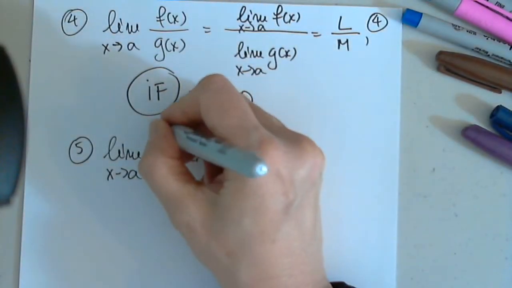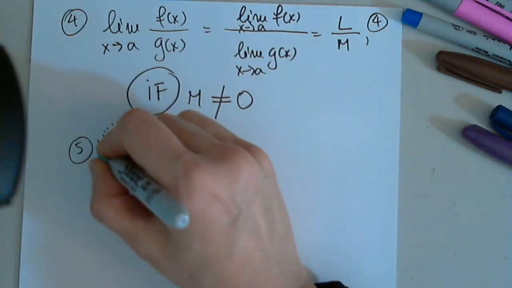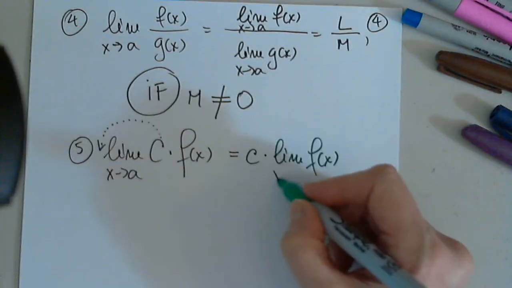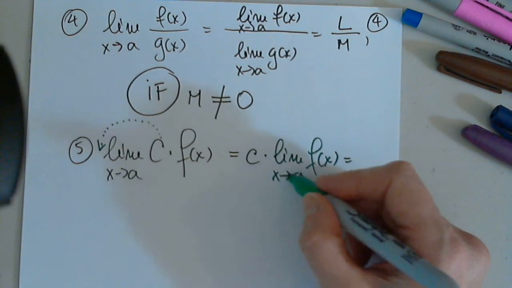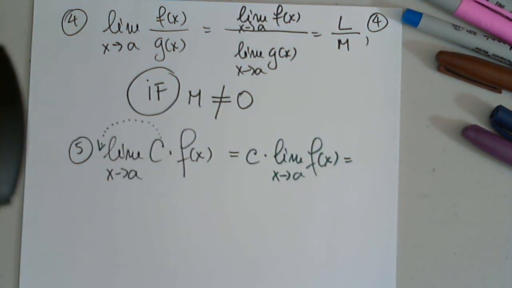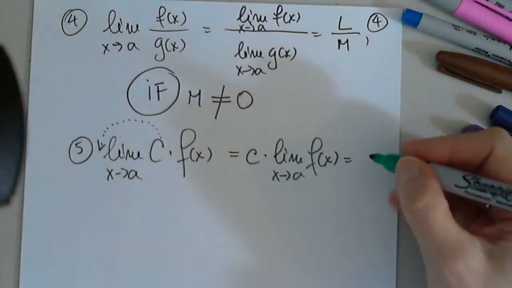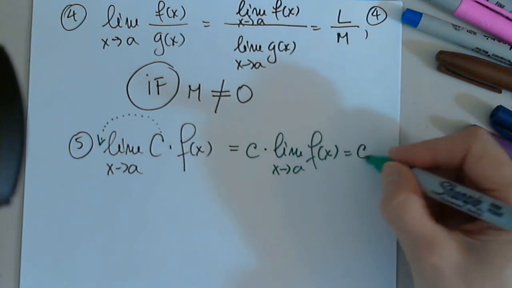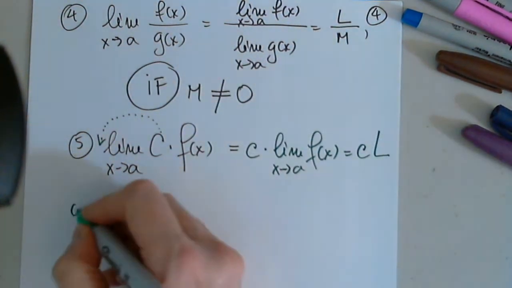Wouldn't it just be the constant times the limit of f of x? Very good. And that will end up being, Zainab, what do you think? Would it be CL, C times L? That's it.